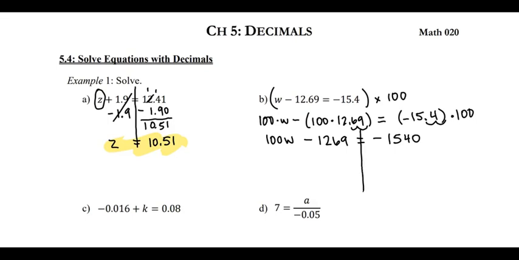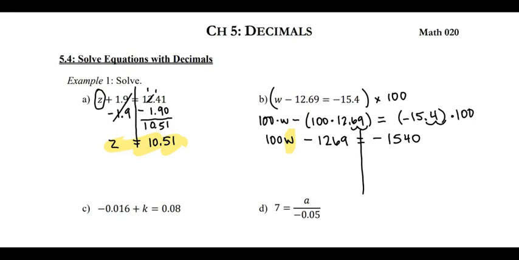Now I look at my W, because that needs to be by itself. Right now I am multiplying by 100 and subtracting 1269. Always start with the number by itself, and then you can divide by 100.